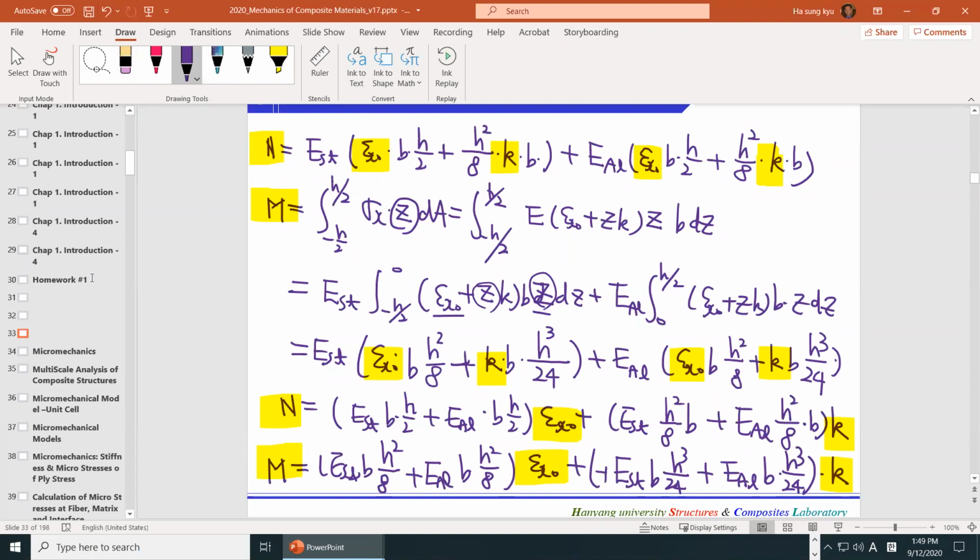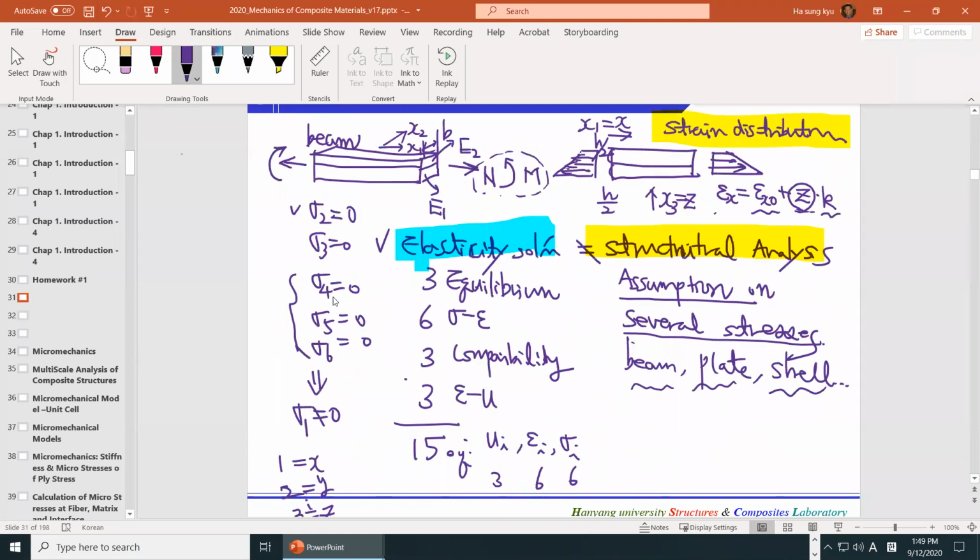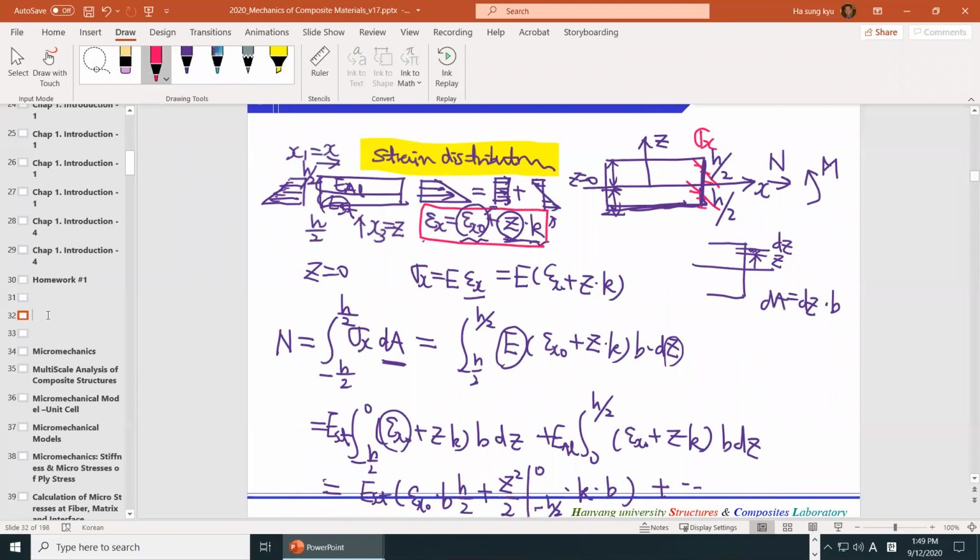Okay, so now we went through a little bit of a derivation, but the most important procedure, starting point is the strain distribution of these. I would like to emphasize the strain distribution, and then the definition of the stress-strain relations, right?